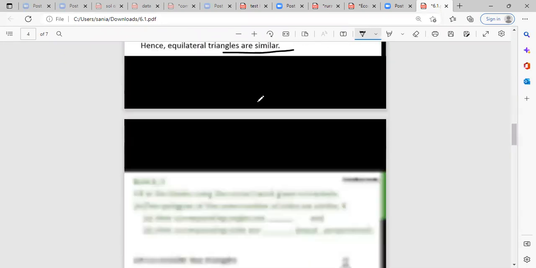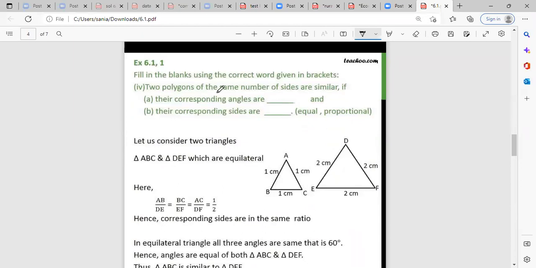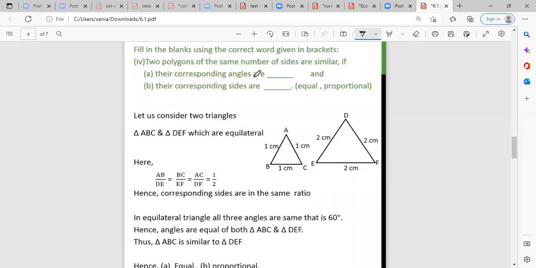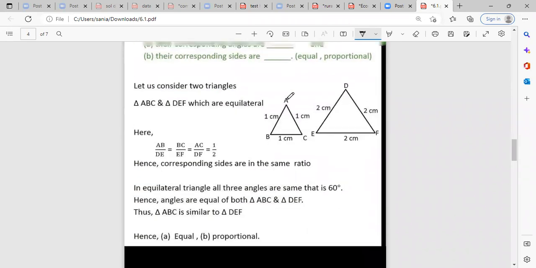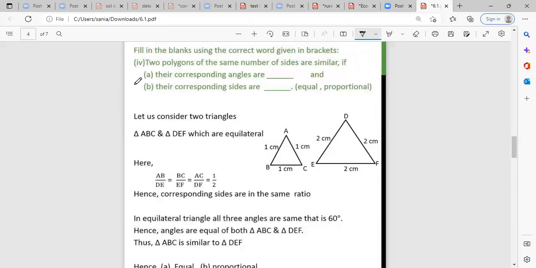Okay. Now, fourth one: two polygons of the same number of sides are similar if their corresponding angles are dash and their corresponding sides are equal in proportion. So over here, you have to mention it. Very, very important. They can ask you this. Two polygons can be any shape, right? If they have the same number of sides. For example, if you are taking a triangle, then the other one will be a triangle.